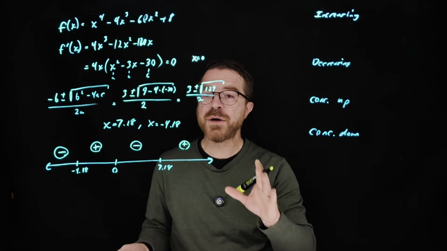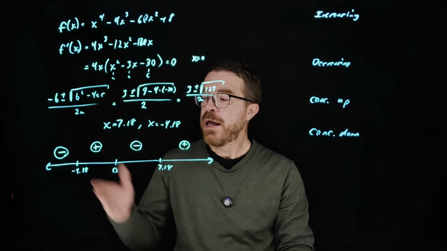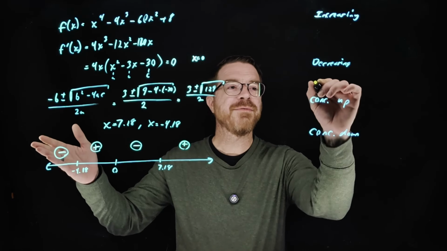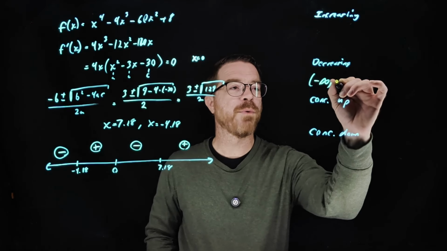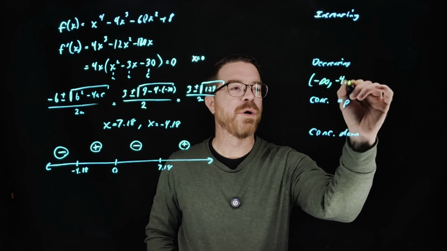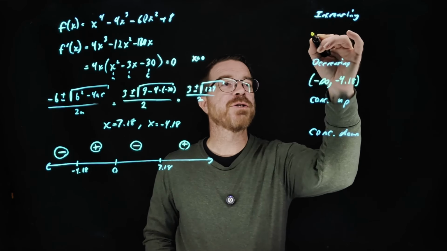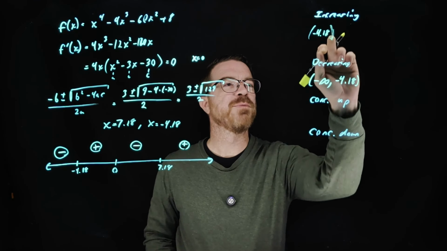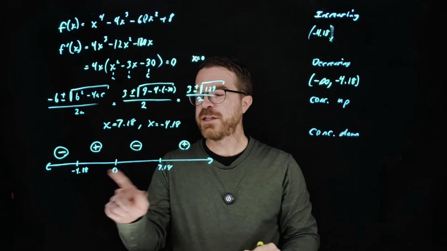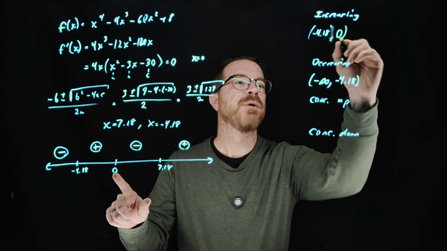So now we know everywhere that it's decreasing and increasing. It is decreasing from negative infinity up to negative 4.18. Then, starting at negative 4.18, it is going to be increasing until we get to 0.